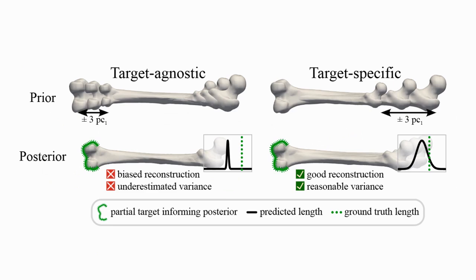Here in the top row, we show the two model priors. Target agnostic and target specific models have different variance patterns. The bottom shows posterior shape models conditioned on a small target, here shown in green. Target specific models provide much better posteriors.